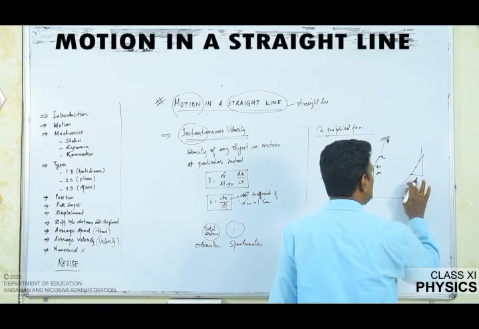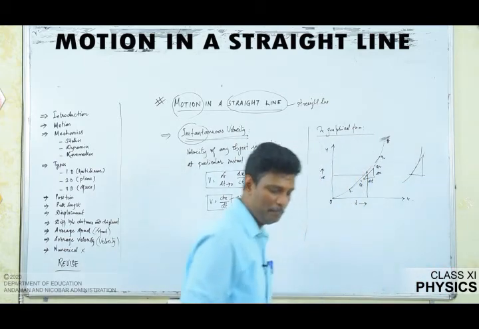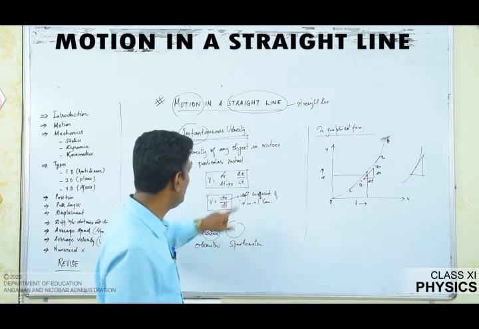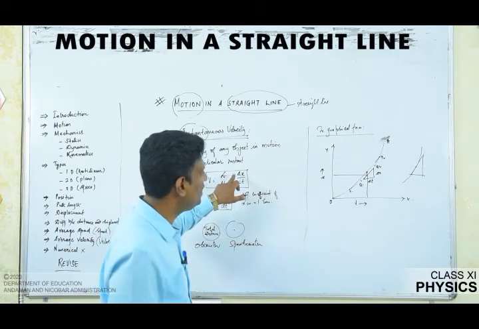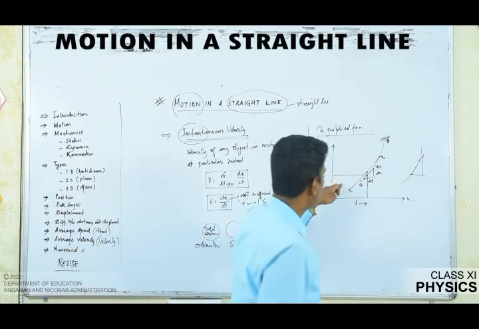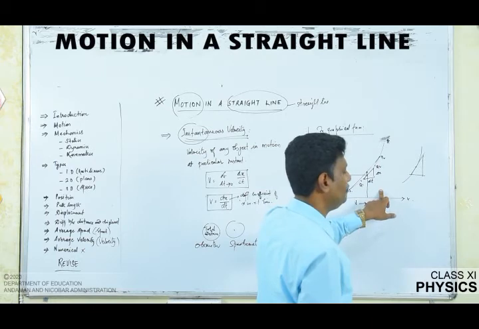The ratio gives the instantaneous velocity, because del x by del t is the change in displacement by change in time.